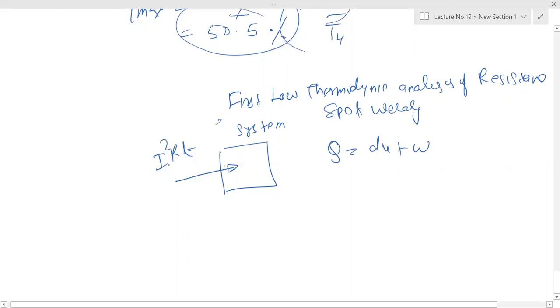So heat is supplied. What about the useful things? We have to apply the first law of thermodynamics to this process. There is no work. Work is equal to 0, right?